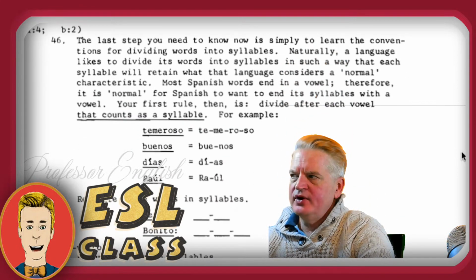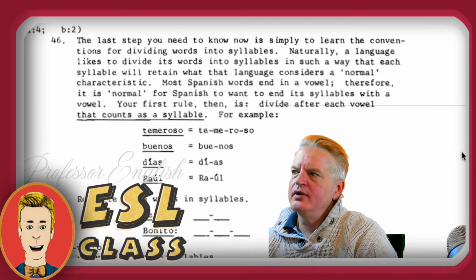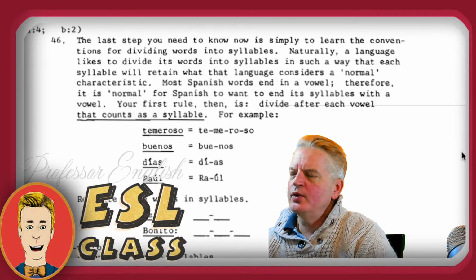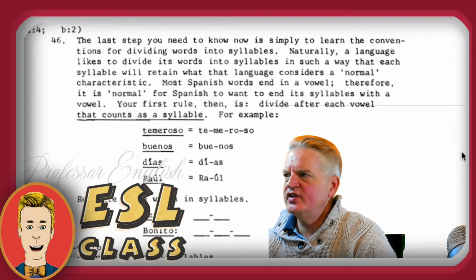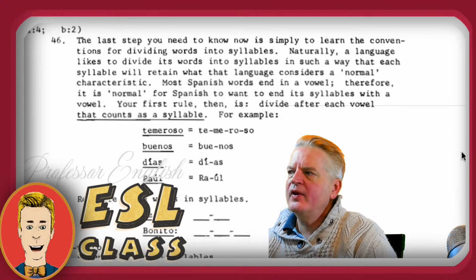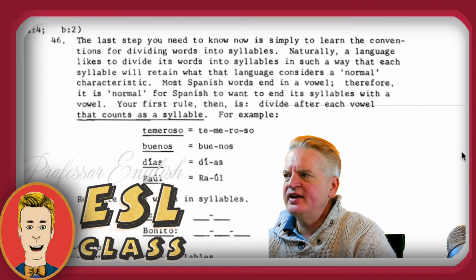The last step you need is simply to learn the conventions for dividing words into syllables. Naturally, a language likes to divide its words into syllables in such a way that each syllable will retain what that language considers a normal characteristic. Most Spanish words end in a vowel. Therefore, it is normal for Spanish to want to end its syllables with a vowel.